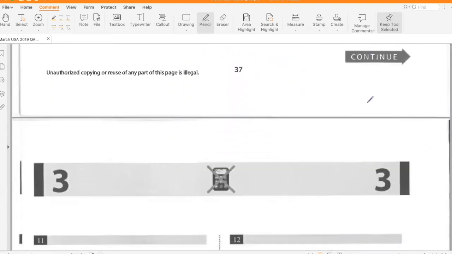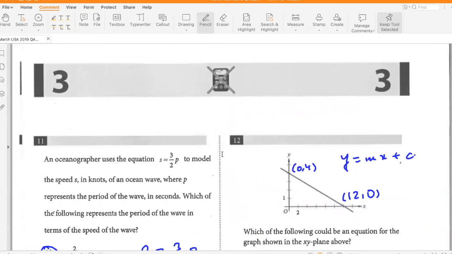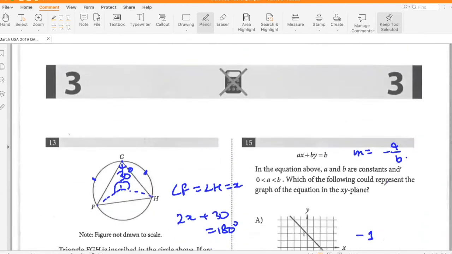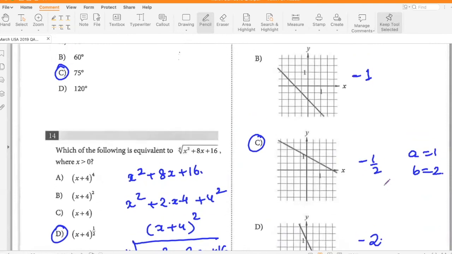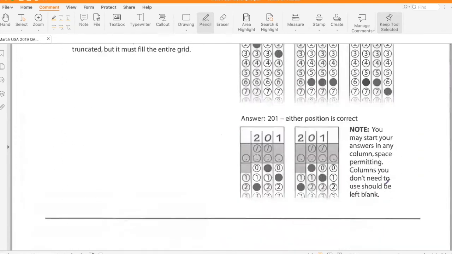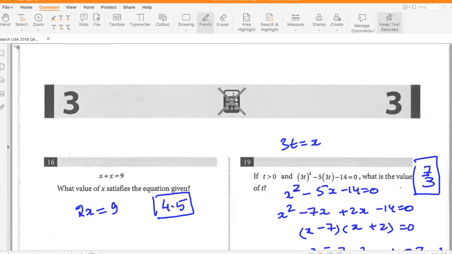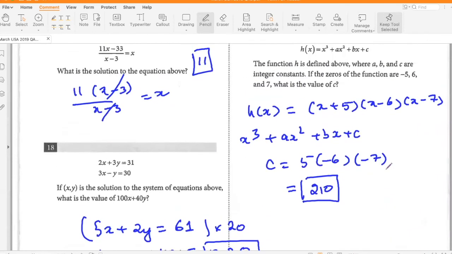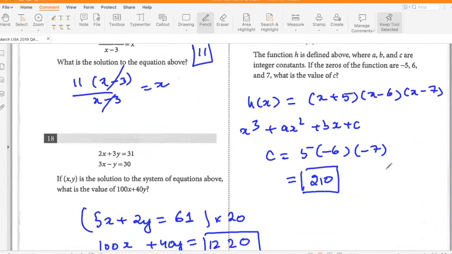Number 11: ACCDC. Okay, gradients: 16, 4.5, 11, 1220, 7/3, 210. Okay, great. So we got all correct.